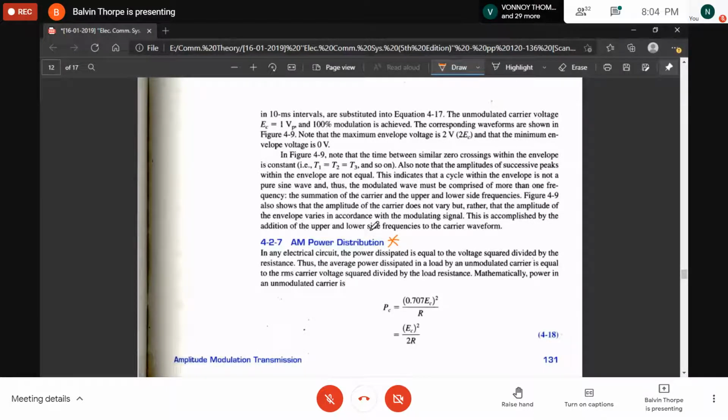Good. So if we're going to find the power in the amplitude modulated wave, we have to take the voltage component into consideration, because the voltage is the only thing that we have to be catering for.